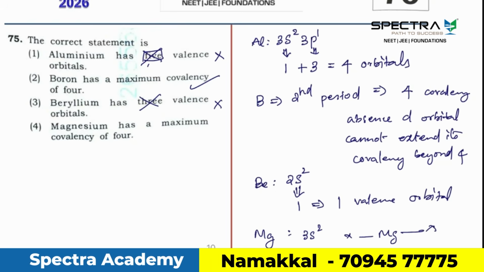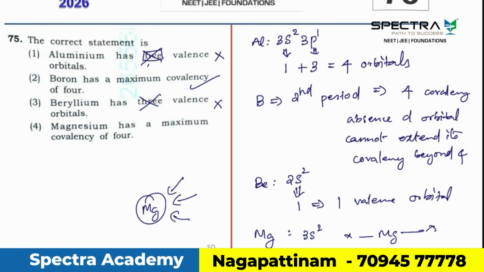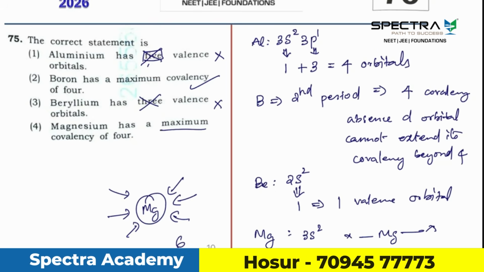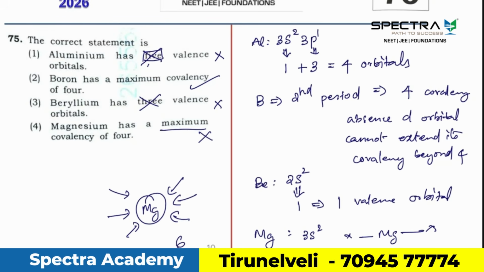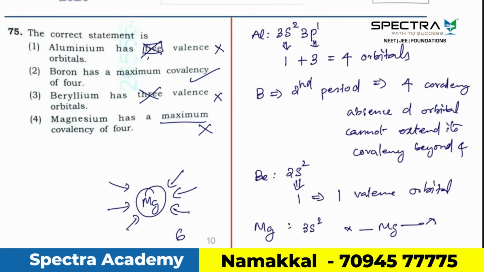But in certain complexes, magnesium acts as the central metal and can accept electrons from about 6 ligands. So its covalency can be up to 6. The maximum covalency is not 4; it can be extended up to 6. So statement 4 is also incorrect. That's all about the questions up to 75.